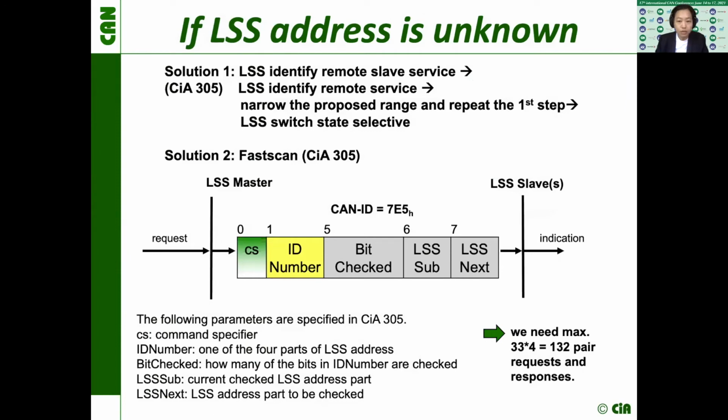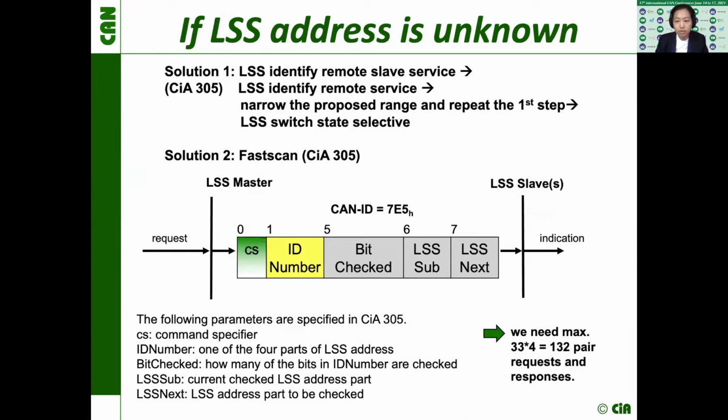So for the situation where the LS address is unknown, there are 2 mechanisms specified in CiA 305. Solution 1 uses the identify remote slave service.